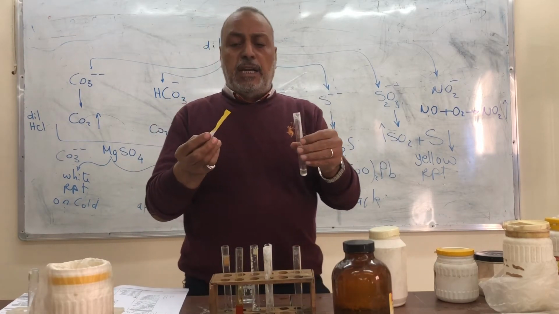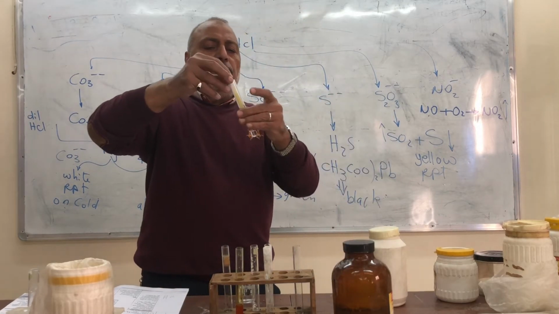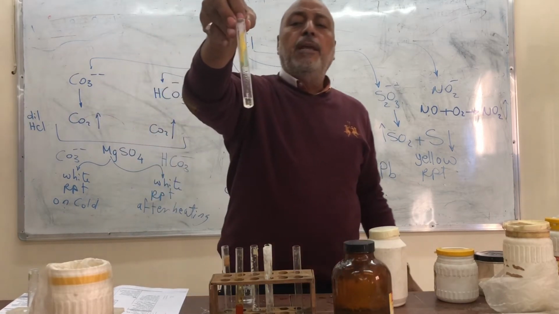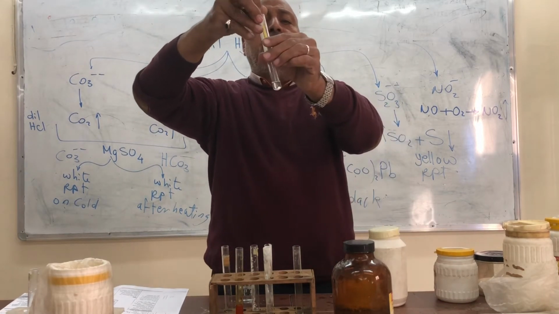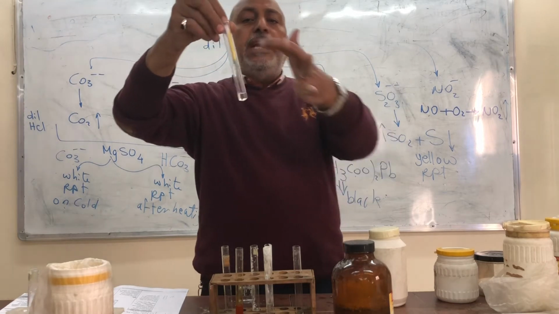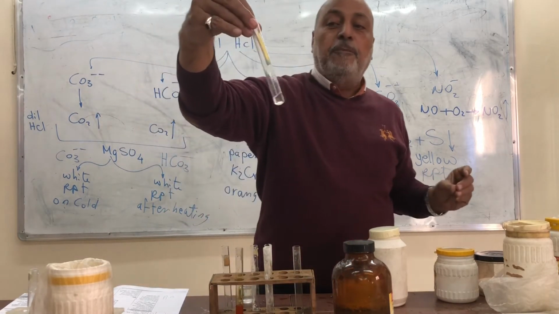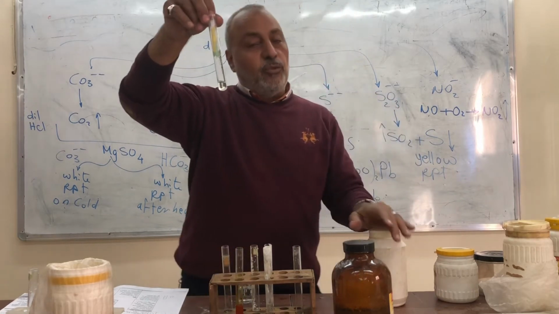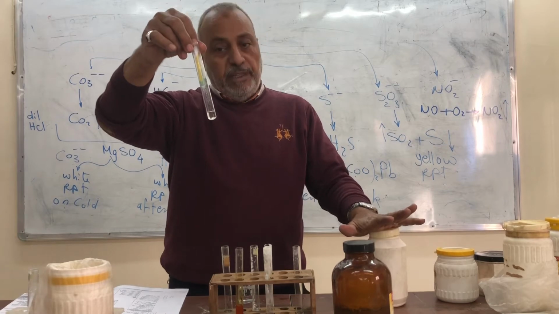SO2 is a colorless gas. To test the presence of it, we use paper wetted by K2Cr2O7. Its color is orange and it changes into green, clearly to see. Why does it change into green? Due to formation of chromium sulfate.